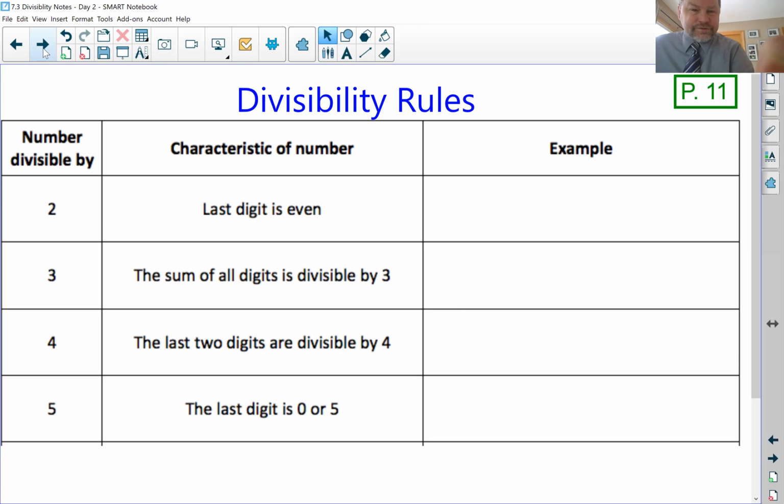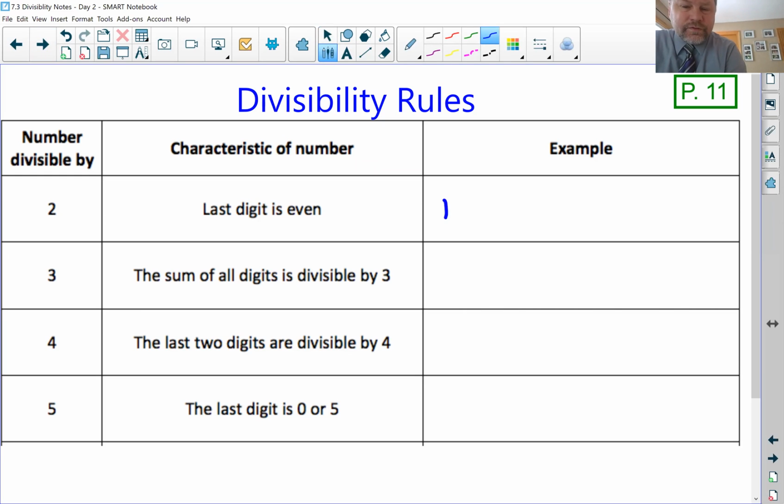So for instance, 14 would be evenly divisible by 2. 20 would be evenly divisible by 2. 192 would be evenly divisible by 2. So the last digit has to be either a 0, 2, 4, 6, or 8. If that's true, then you're evenly divisible by 2.